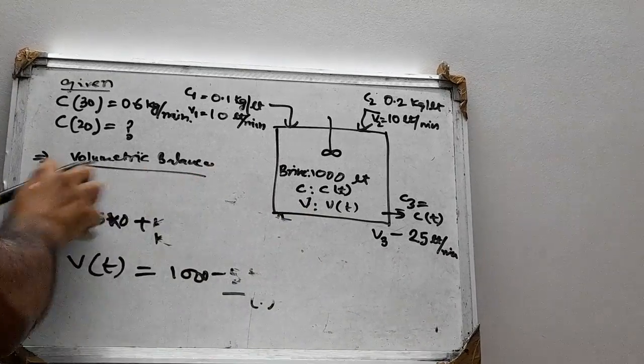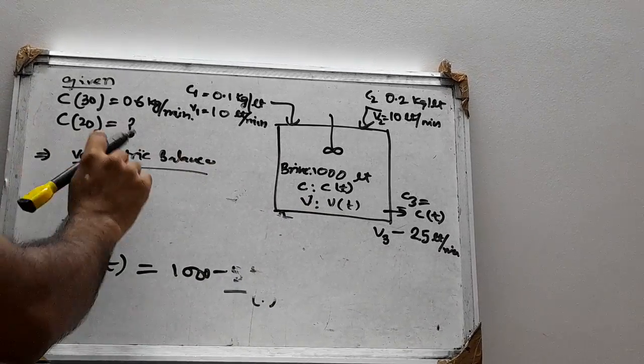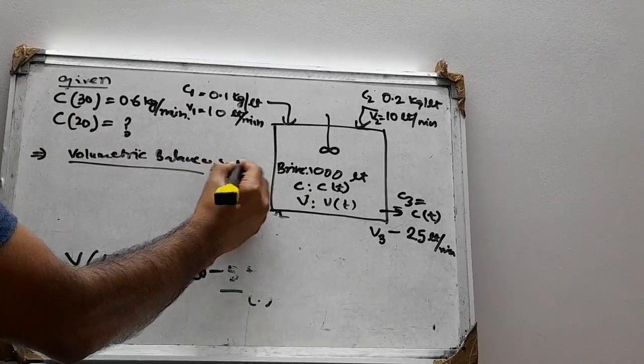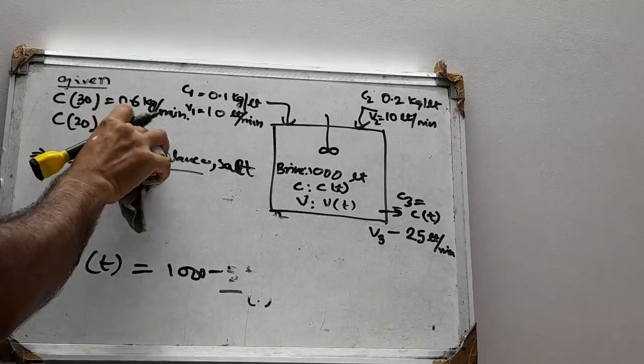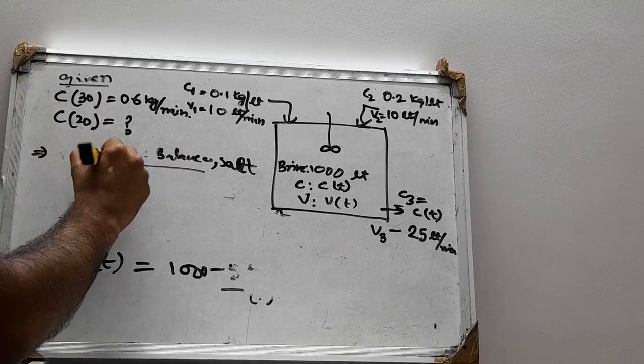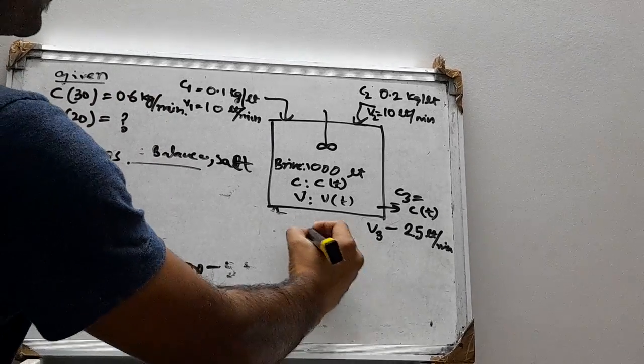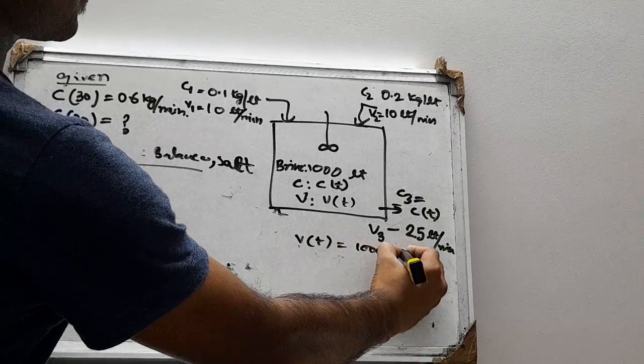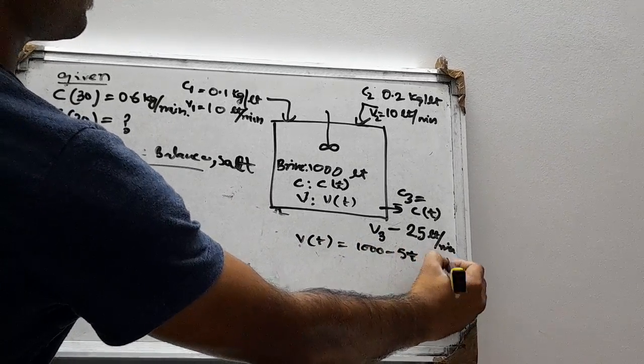Now similarly we will take the salt balance. Earlier it was a brine balance, now we will take the mass balance of salt. I will write this equation V(t) is equal to 1000 minus 5t. This is our first equation.